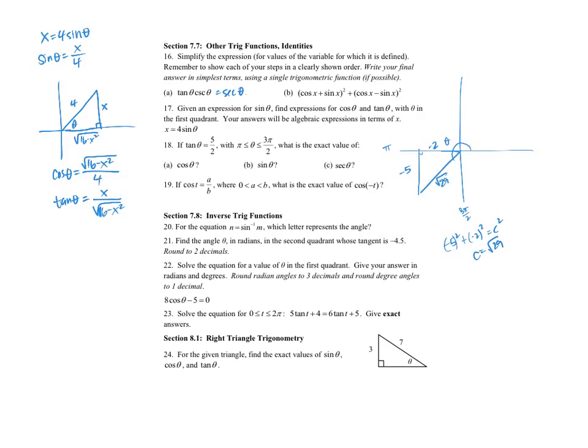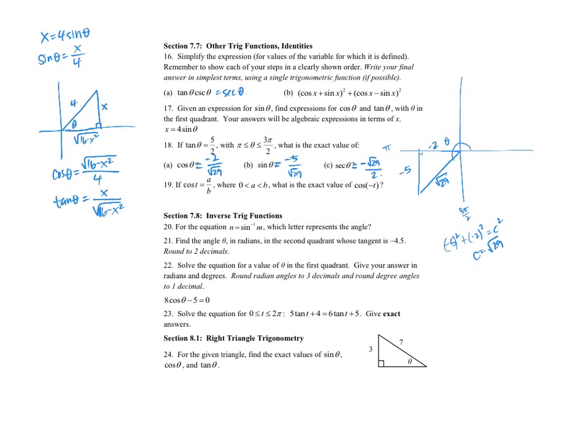And so cosine theta will be equal to x over r, so negative 2 over square root of 29. Sine of theta will be y over r, so negative 5 over square root of 29. And secant theta is 1 over cosine, so I'll just take my cosine and flip that, so it's negative square root of 29 over 2.